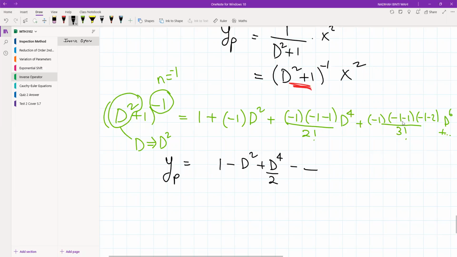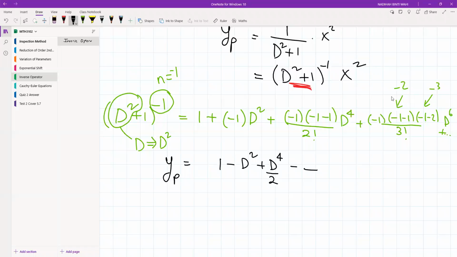Kalau kita evaluate yang ni jadi negatif 2, lepas ini jadi, so this is minus 2 and then this is minus 3, jadi tolak D kuasa 5. D kuasa 5 pula, sorry.